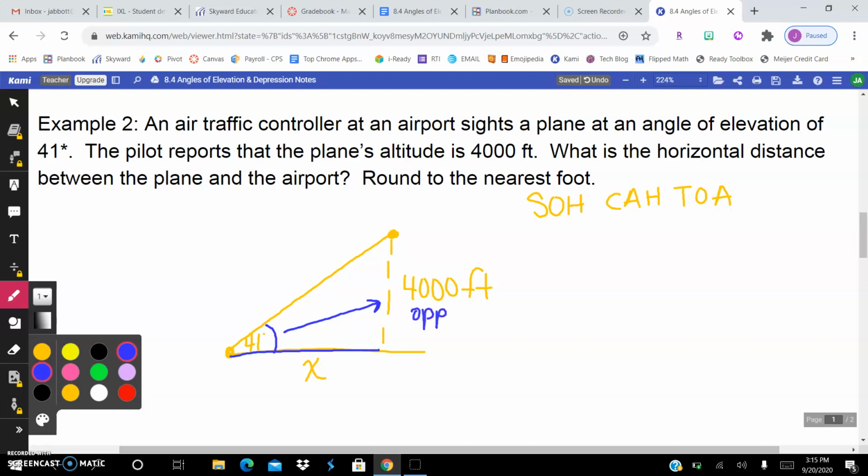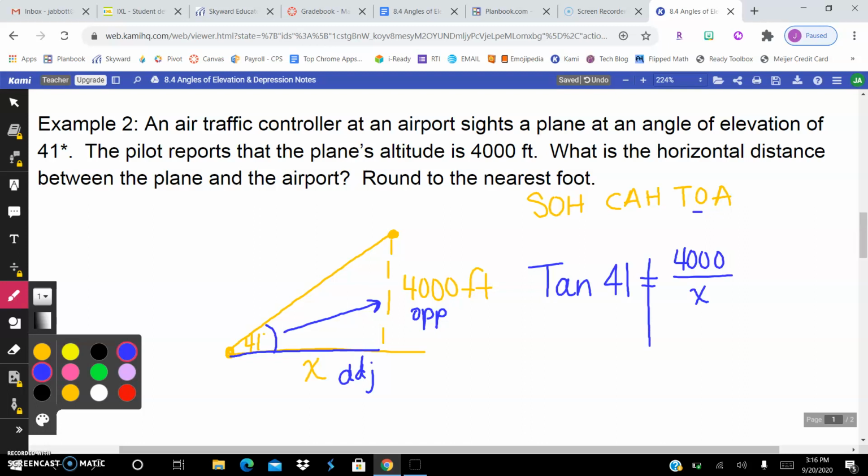It is touching the angle that we're talking about. So opposite and adjacent would be O and A, so that's tangent. So the tangent of 41 is going to be equal to the opposite, which would be 4,000, over the adjacent, which is x here. We don't know what that is, so we have to figure that out.